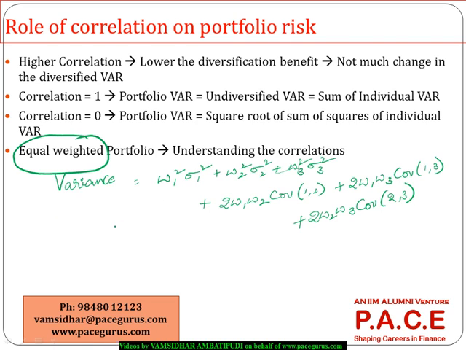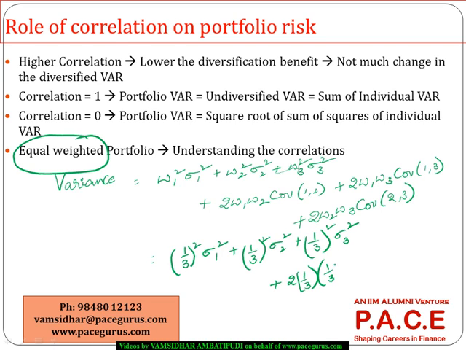So in this three-security case, a simplification could happen, which is 1 by 3 squared sigma 1 squared plus 1 by 3 squared sigma 2 squared plus 1 by 3 squared sigma 3 squared plus 2 into 1 by 3 into 1 by 3, because we are talking about an equal weighted portfolio, covariance between 1 and 2, the same way it works, plus 2 into 1 by 3 into 1 by 3 covariance between 2 and 3, and 2 into 1 by 3 into 1 by 3 covariance between 1 and 3.